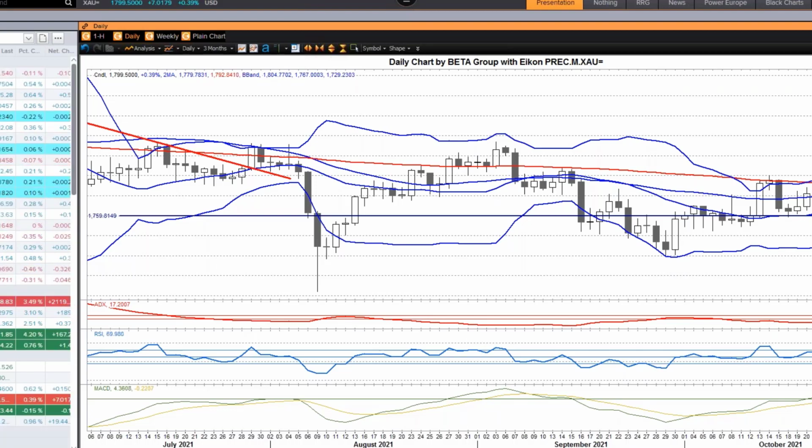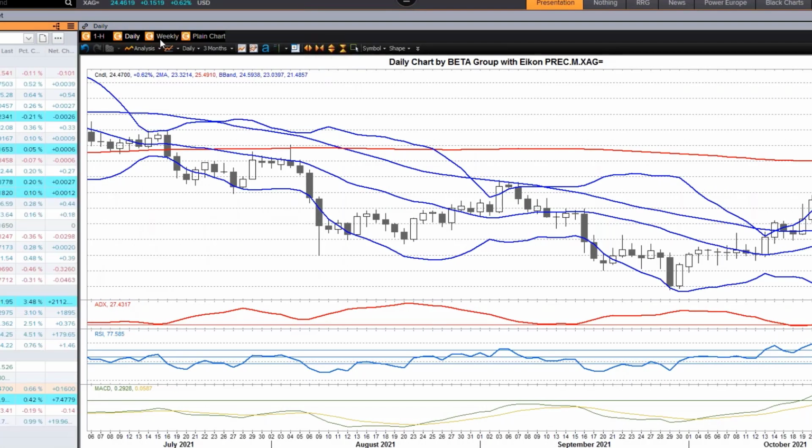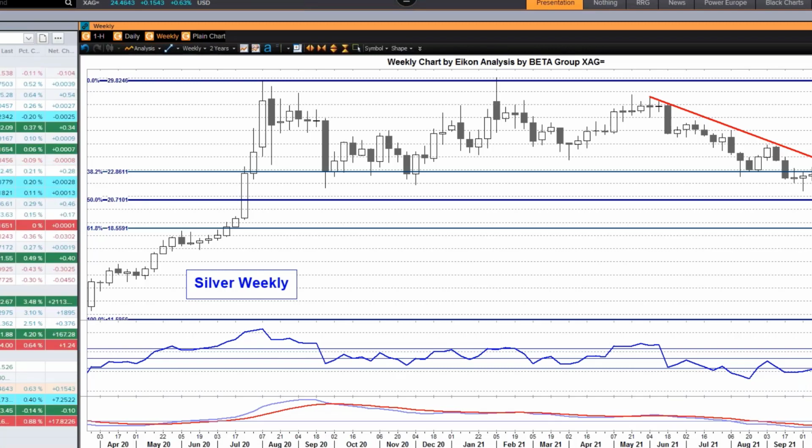But given the choice with my colleague, this is where I'd rather be, which is in silver. Now remember the gold-silver ratio favoring silver. Well, this is silver on the weekly chart, breaking a significant downtrend line and crossing over on the MACD.